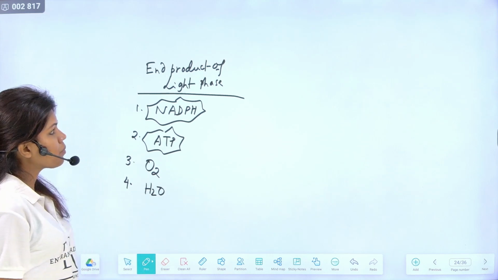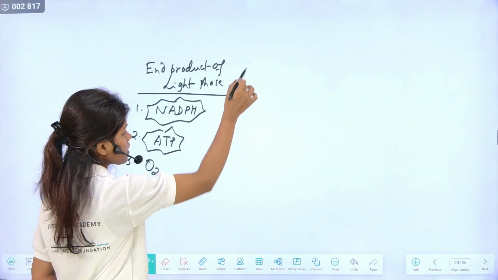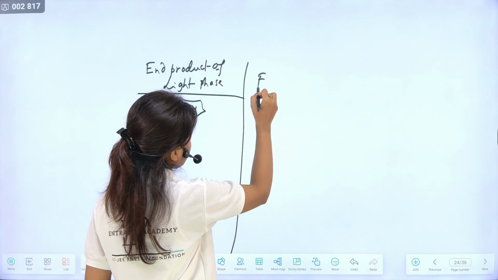These four are the end products of the light dependent phase or light phase.